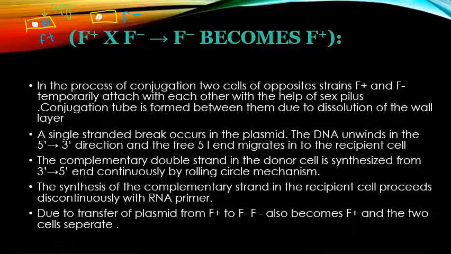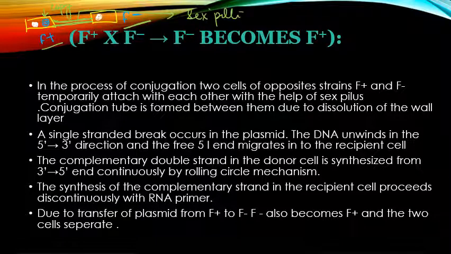After replication, what happened? This F positive cell will produce this kind of tube-like structure which connects the F positive cell to the F negative cell. And this tube-like structure we call sex pili. What is the function of this?